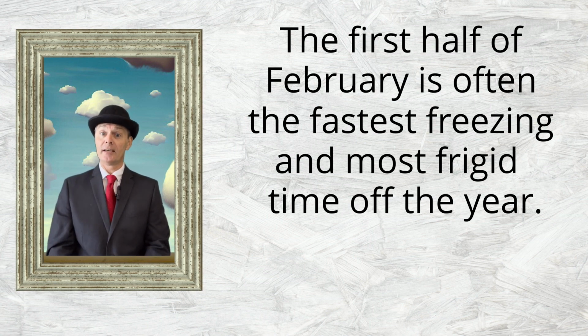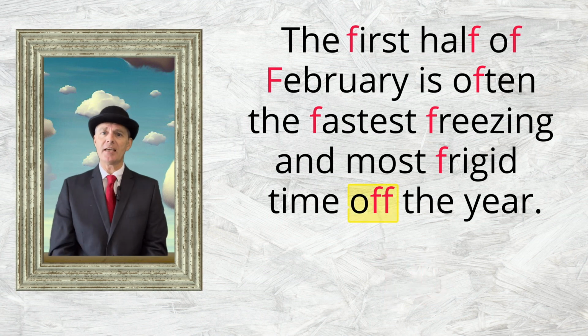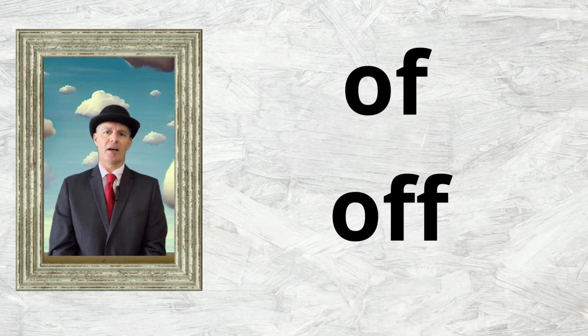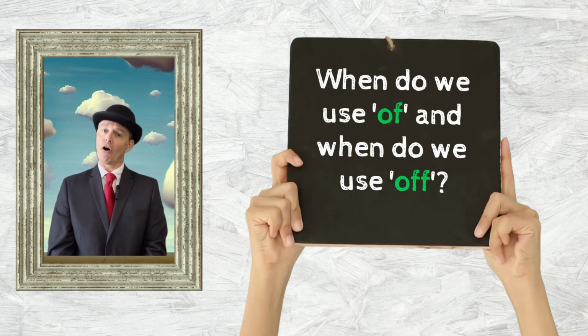There was actually 10. And did you notice the spelling mistake? Yes, it should have been of, not off. These are two words that many young writers mix up. So let's find out. When do we use of and when do we use off?